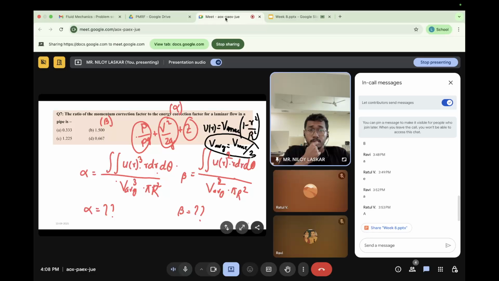Anyone? Please try to solve. Just tell me the value of alpha first.